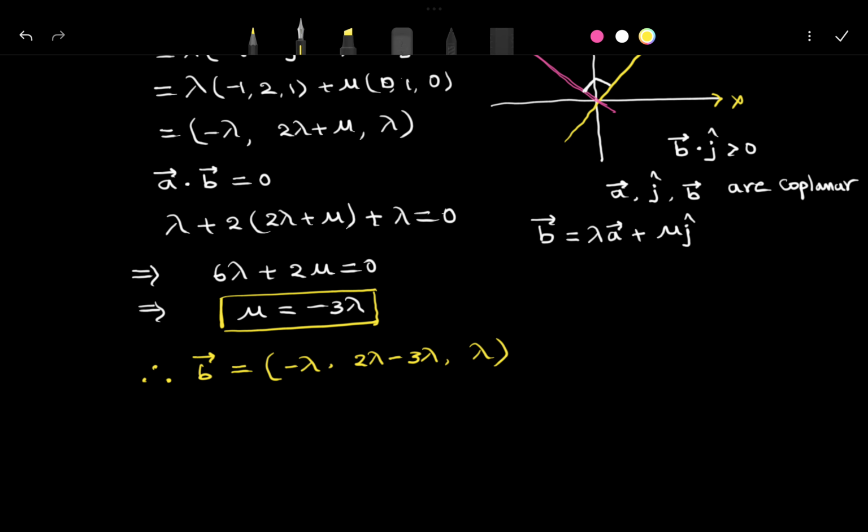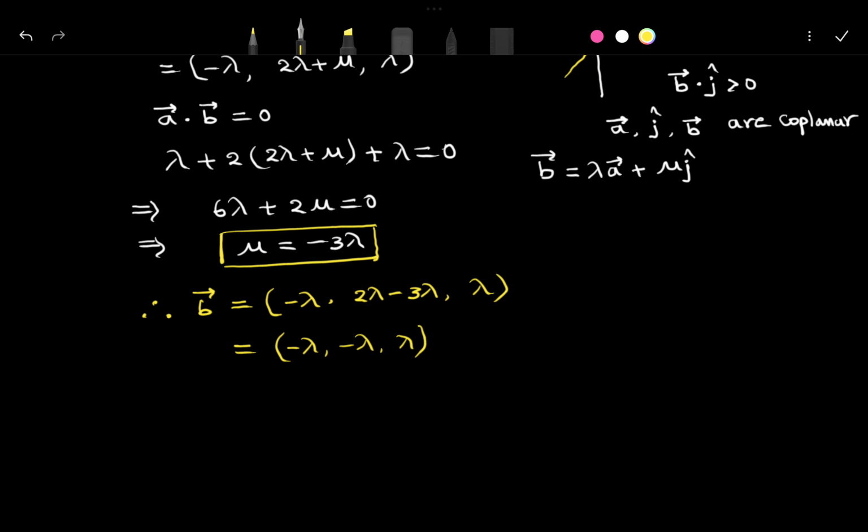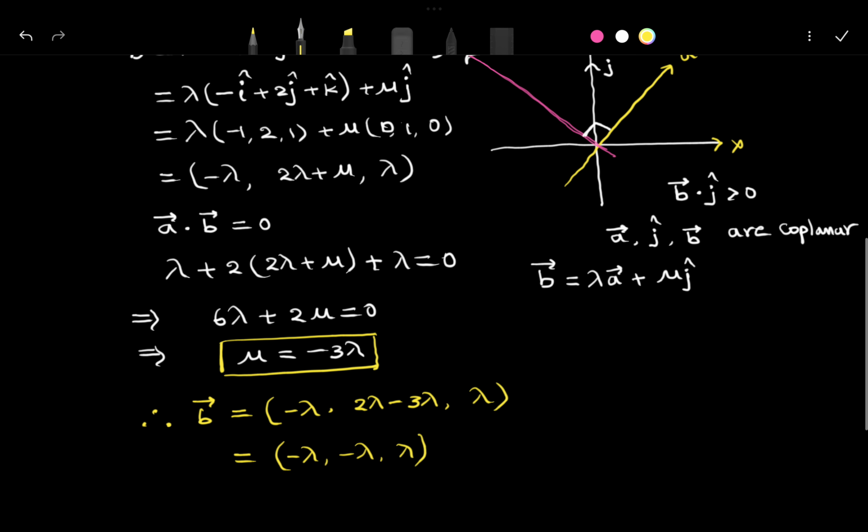Here lambda is a scalar quantity. So b bar is (minus lambda, minus lambda, lambda). And one more thing: how can you find the lambda value? When one vector is rotated through an angle theta, the resultant vector and the given vector both have the same magnitude.